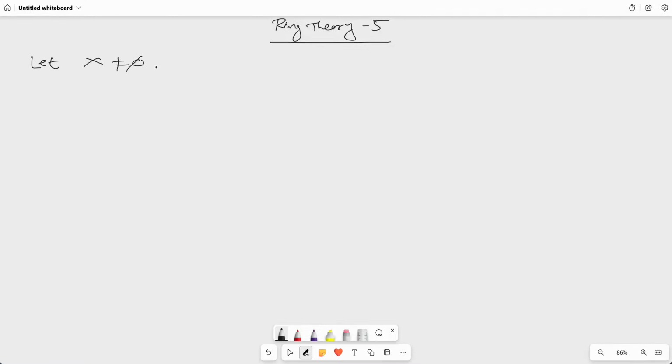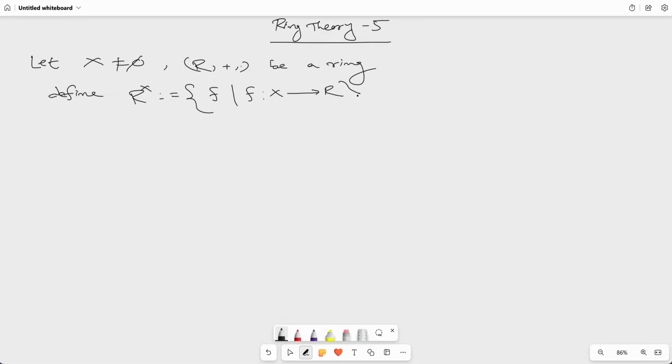You have a set which is non-empty, and R, plus, dot, be a ring. You have these two things, and you will define R^X. I'm defining it in such a way that it is all those functions f from X to R.